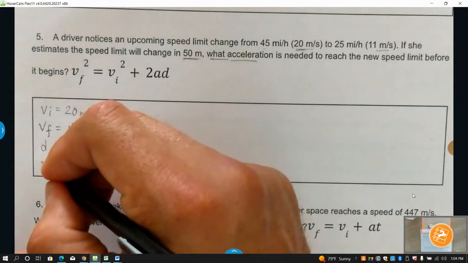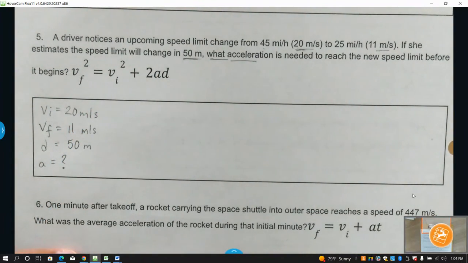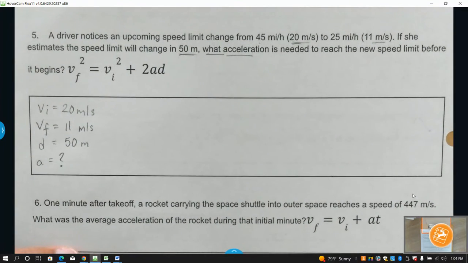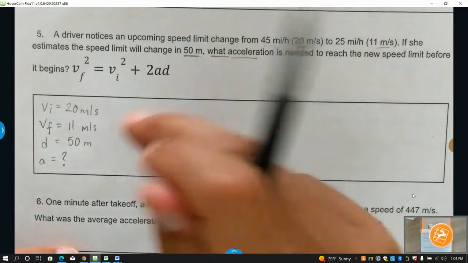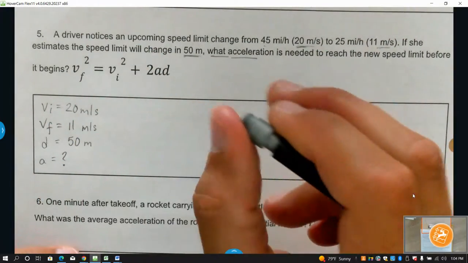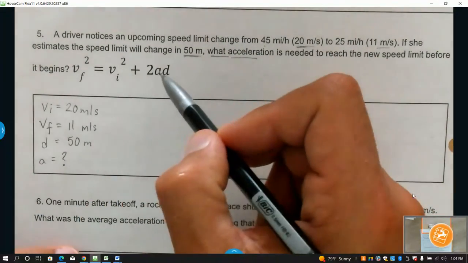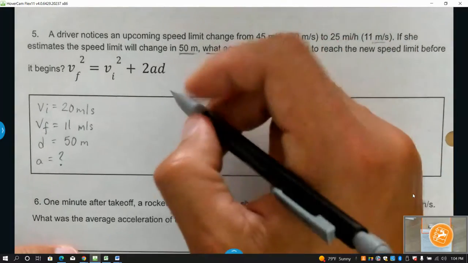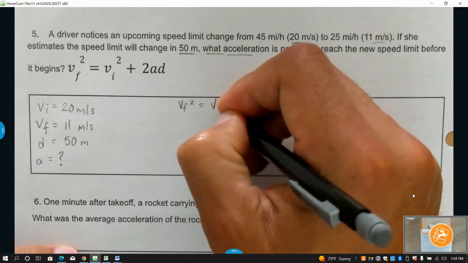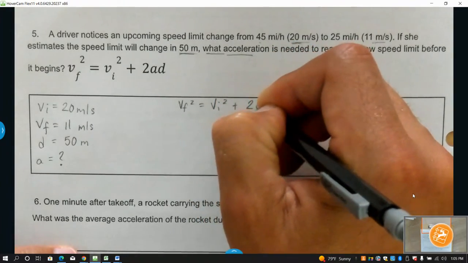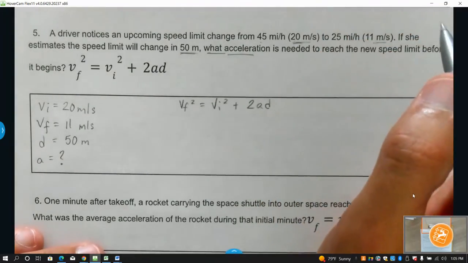What acceleration? So acceleration is going to be your question mark. Okay, so again, how you would have to do this: use your variables given, find the equation on the front side that has all four. Again, I already wrote that equation here that has VF, VI, A, and D. So VF squared is equal to VI squared plus 2AD.